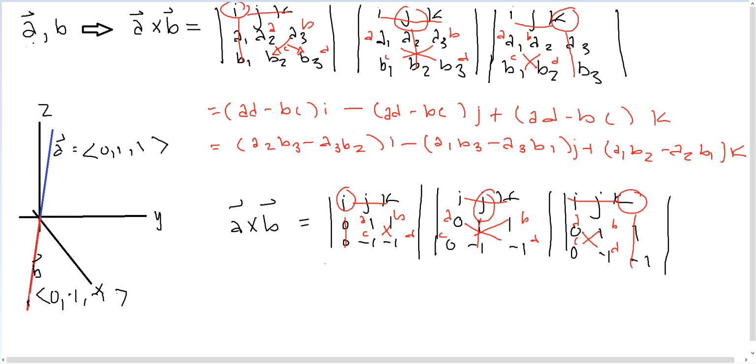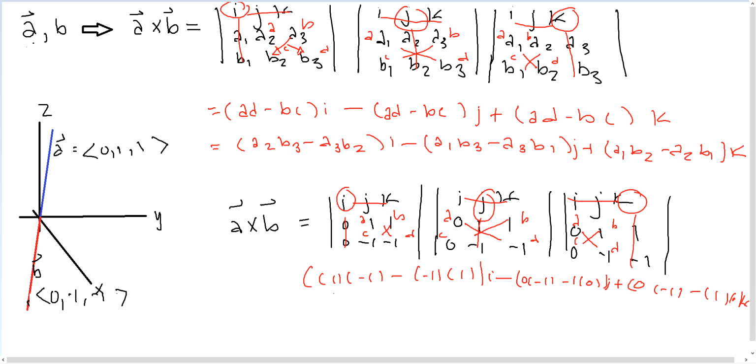So here we have AD minus BC, so we're going to do 1 times negative 1 minus negative 1 times 1 times our first component, subtracted by 0 times negative 1 minus 1 times 0 times our second component, plus 0 times negative 1 minus 1 times 0 times our third component.